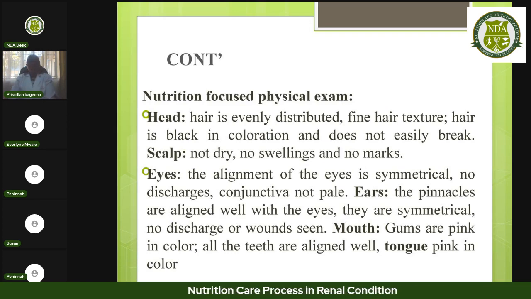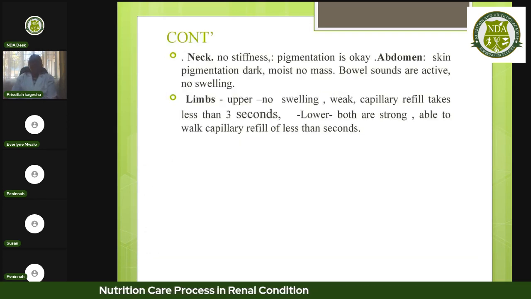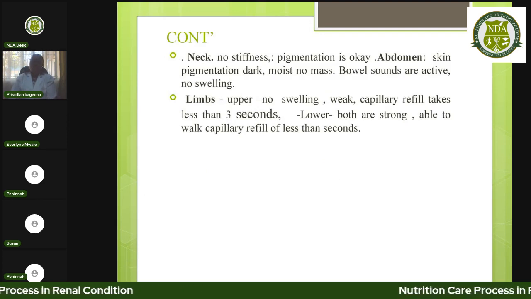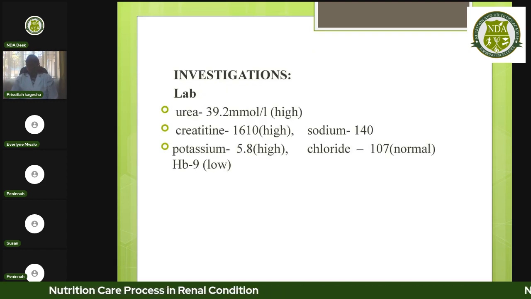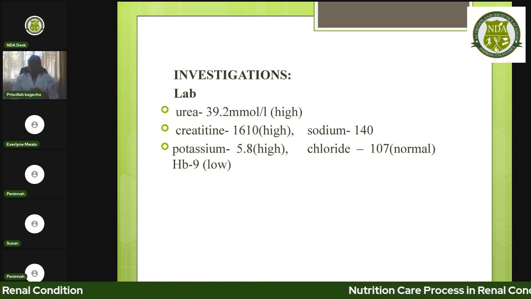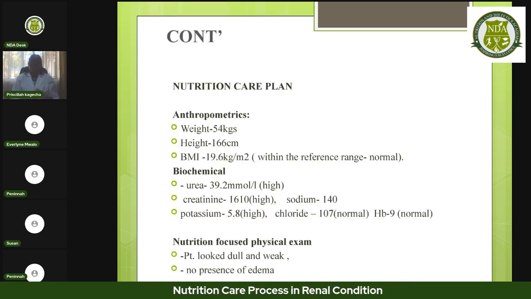So when you go to diagnosis, our patient is hyperkalemic due to the end-stage renal disease, as evidenced by high levels of potassium. And the symptoms that the patient came in with were exhaustion, lack of appetite.